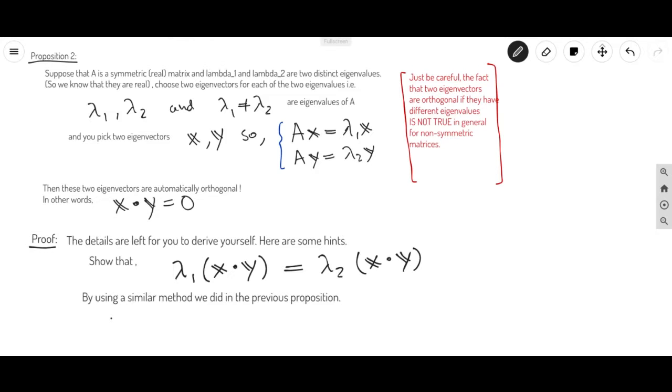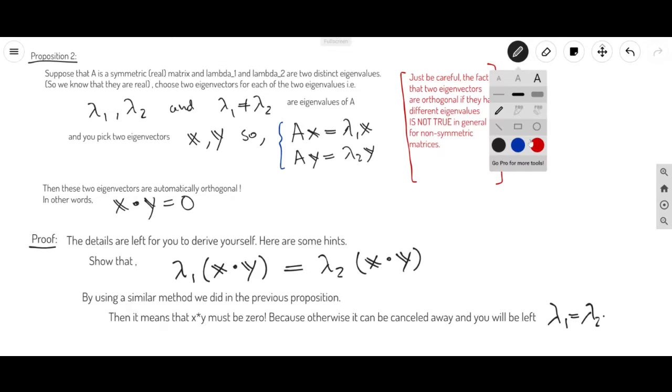Once you show that, it means that x dot product y must be 0, because otherwise it can be canceled away, and you will be left with lambda 1 equal to lambda 2, which is a problem. If the dot product was a non-zero number, you would want to be able to cancel it away.